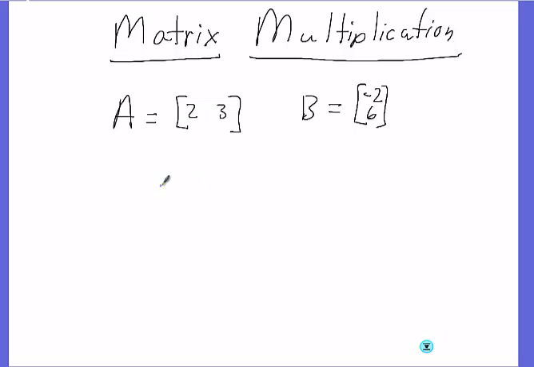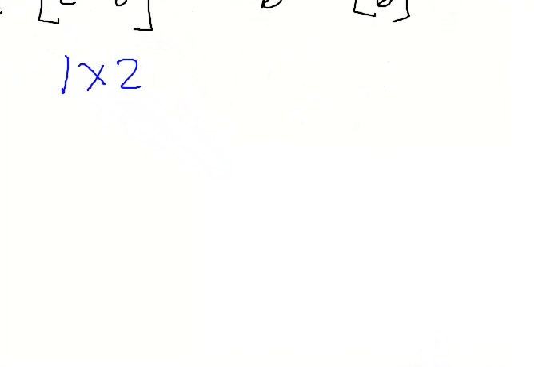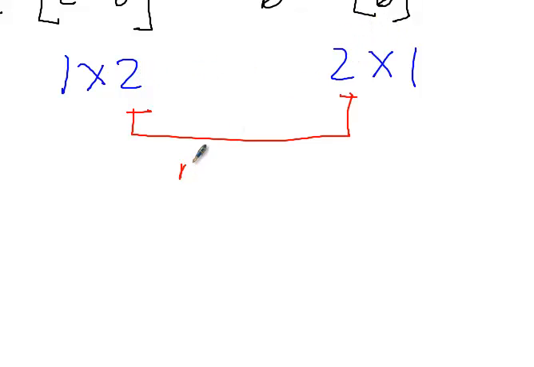So right off the bat, we're just going to jump into a problem. And before you ever multiply two matrices, make sure you know their dimensions. So we have A, which is a 1 by 2. We have B, which is a 2 by 1. Whenever you multiply matrices, the middle two numbers, aka the columns of the first and the rows of the second, must match.